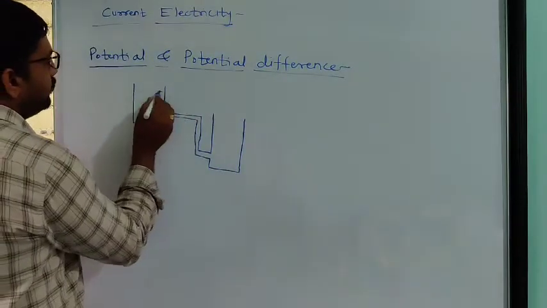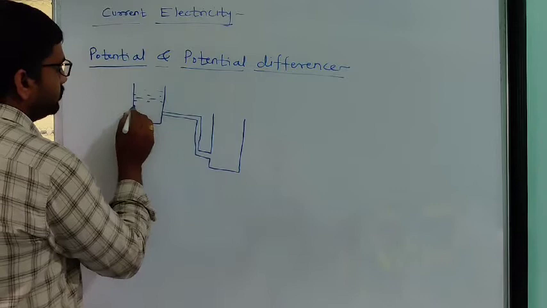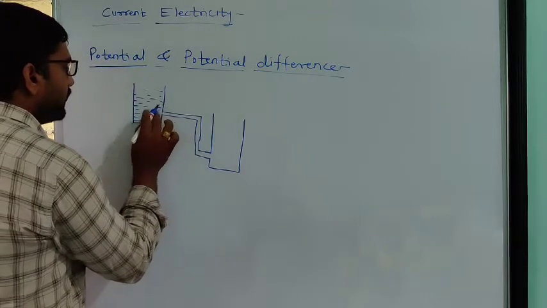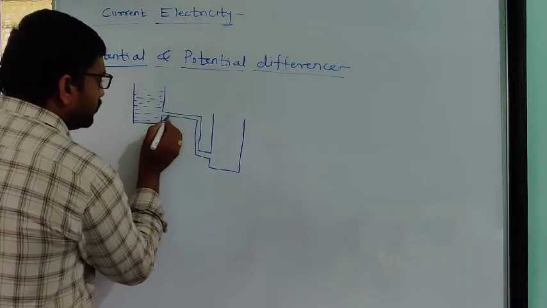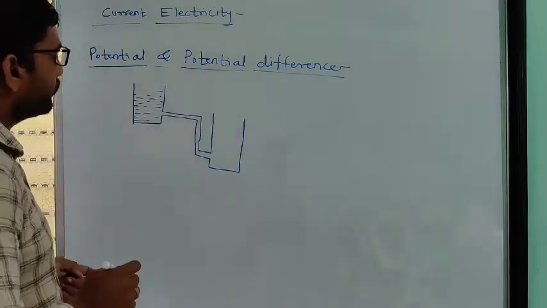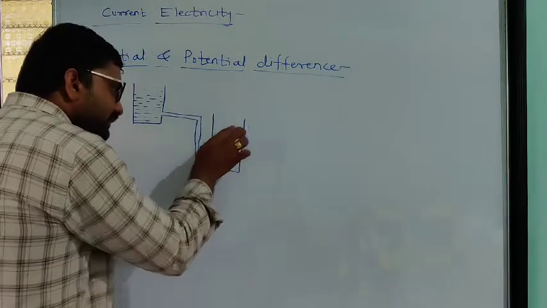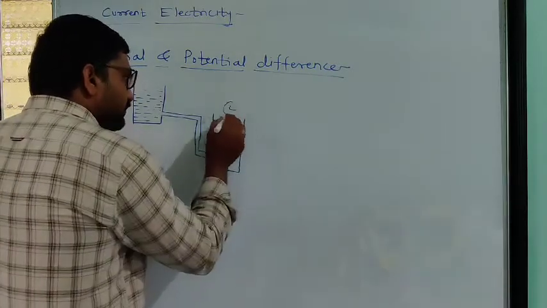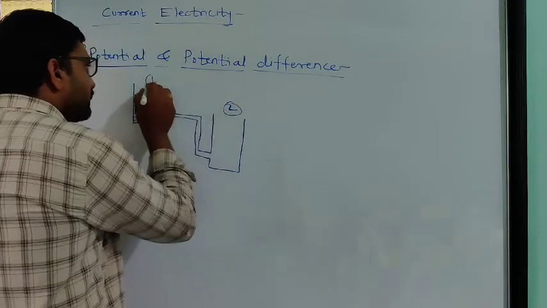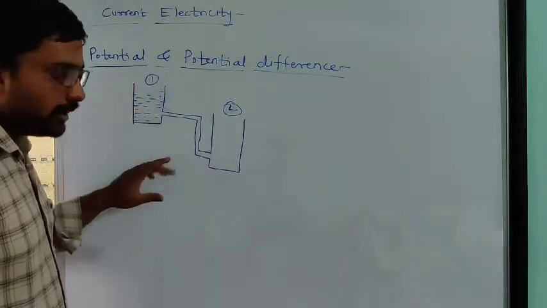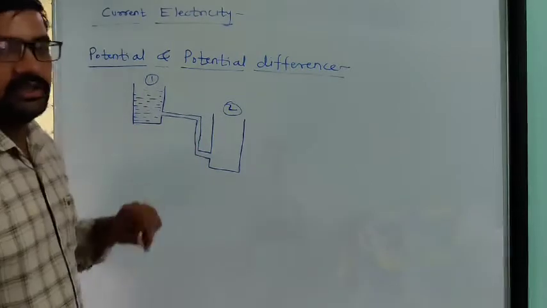This tank is full of water, and we make a hole here. No water is initially present in the second tank. This is tank number 1, initially full of water, and this is tank number 2, initially empty.